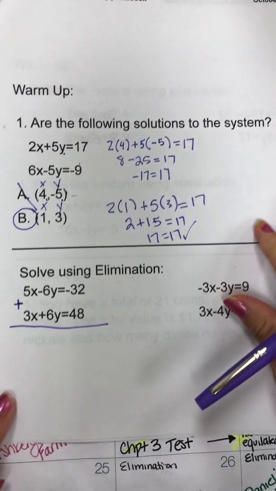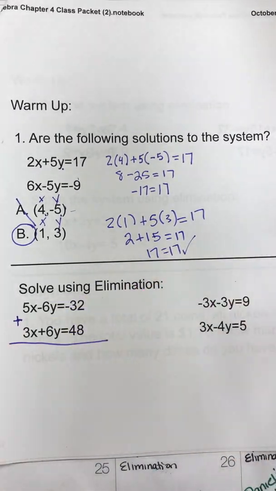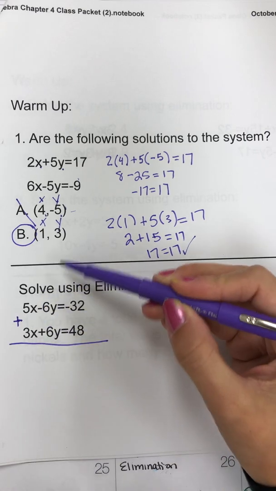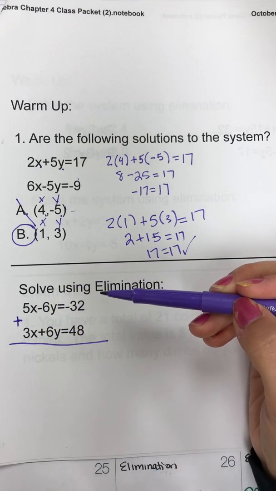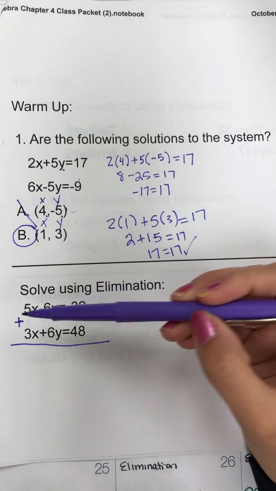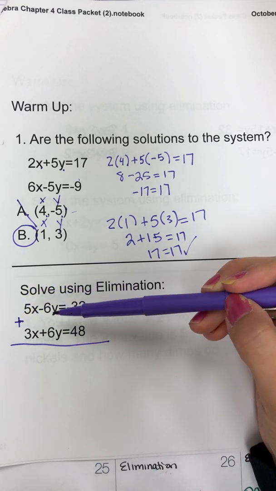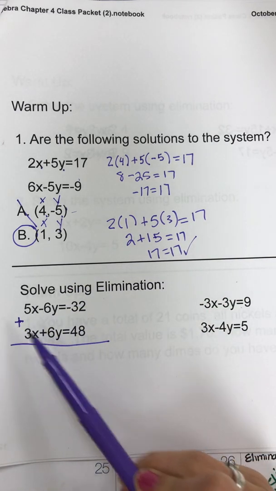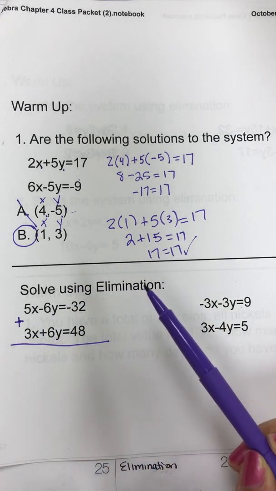Now, a few things. This only works if one of the variables, either the x or the y, is going to cancel out before you add them. So, for example, in this first one, when I add them together, I already can tell the y's are going to cancel out because -6 plus 6 is going to equal 0.